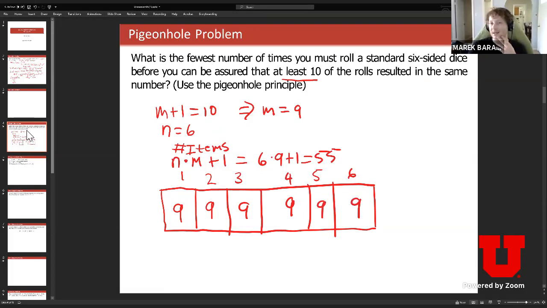This is the most we can fit in here without having 10 in any one. And then if we put 1 in any of these, we'll have 10. So we have 54 things in there. And that's where the +1 comes from. Does that make sense? Any questions? Nope.